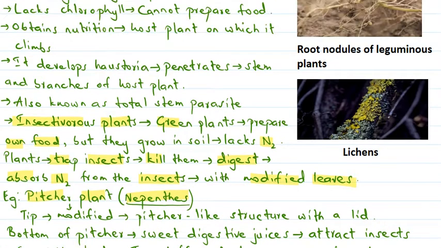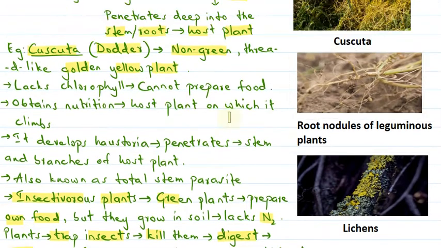The other example we had discussed of symbiotic relationships or symbiotic plants is the root nodules of leguminous plants that are associated with the bacterium Rhizobium.